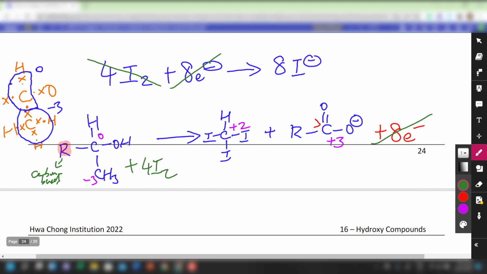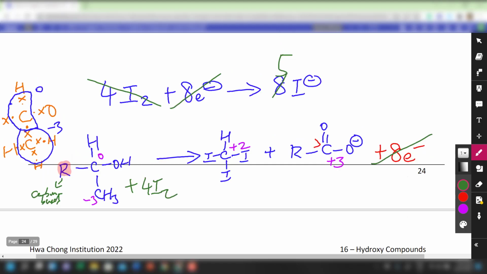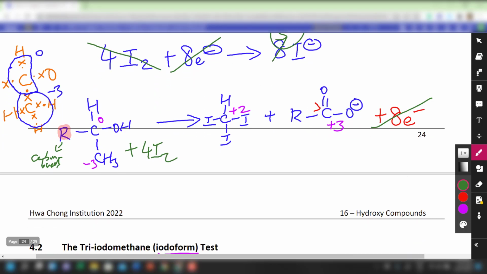And then the 8I minus, 3 of it will go to CHI3, or rather the CHI3 equivalent, which is CH plus, but you can just count it as CHI3. So therefore we are left with 5, and this 5 will come to here, so I'm going to write plus 5 iodide over here.